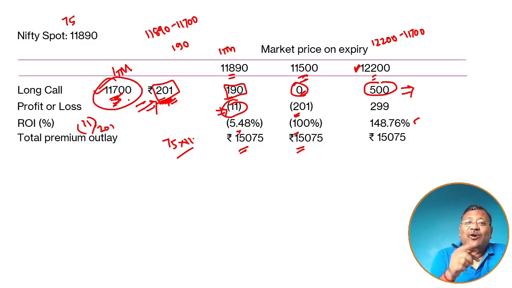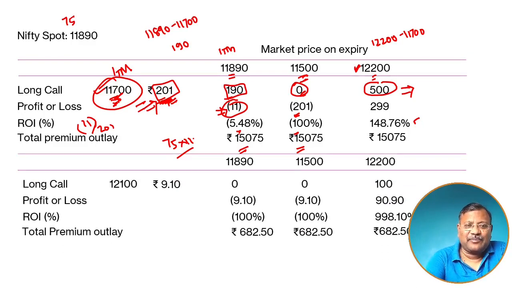Let us look at the alternative course that he could have taken. Now, alternatively, instead of buying the 11,700 call, he could have purchased the 12,100 call, which is an out of the money option right now. So let us see what happens now. See, he would purchase the 12,100 call, which right now is out of the money. Therefore, it is trading at a low premium. So this guy pays a premium of 9.10.